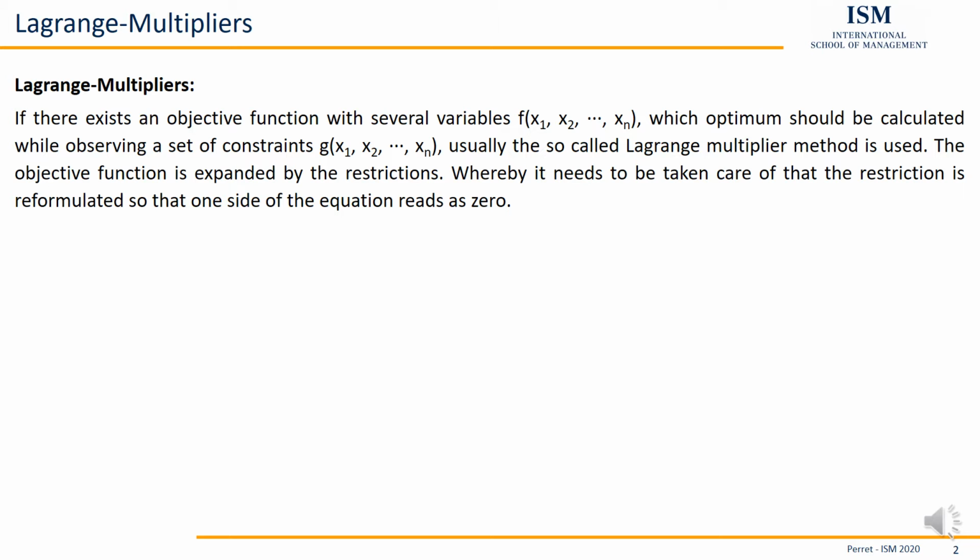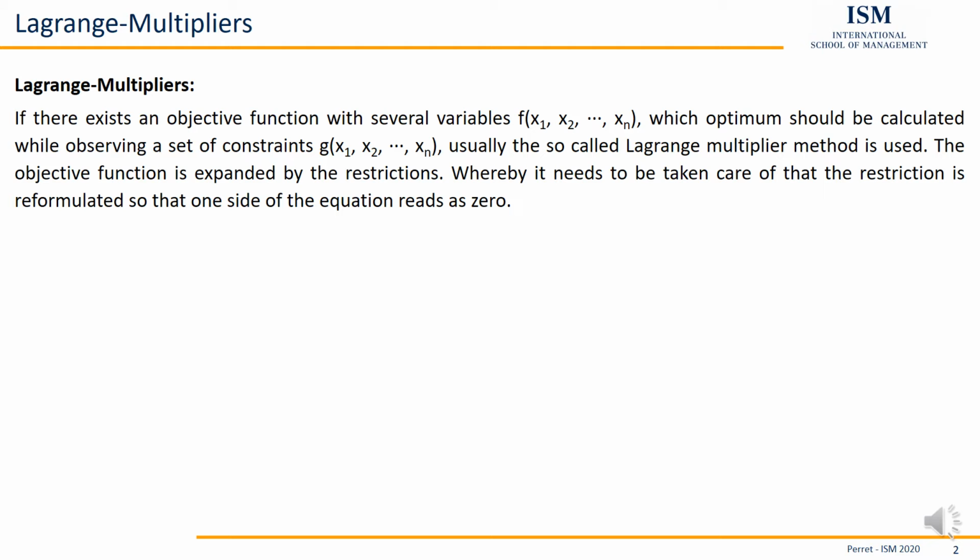So it should read like either this function g is equal to 0 or to any specific other expression, but it needs to be an equality. If you have inequalities, that's where you use something like simplex. Lagrange works only with equalities.